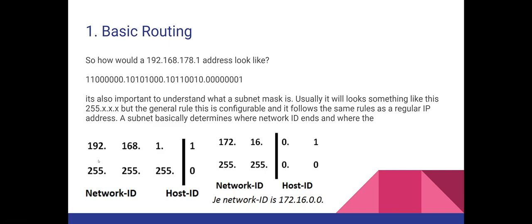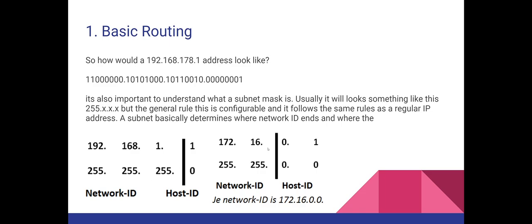So down here you see the subnet 255.255.255.0. That means all of this space is network ID. To the right you see host ID, which in this case is 1. Since it only goes up to 255, or I actually say 254, we can only have 254 computers in this network with this subnet.